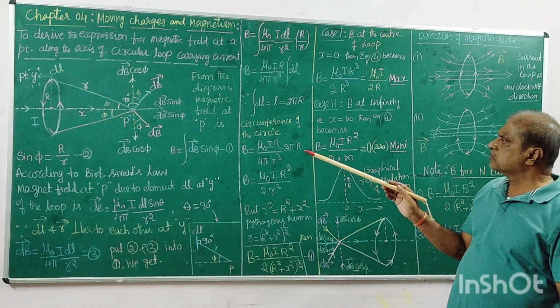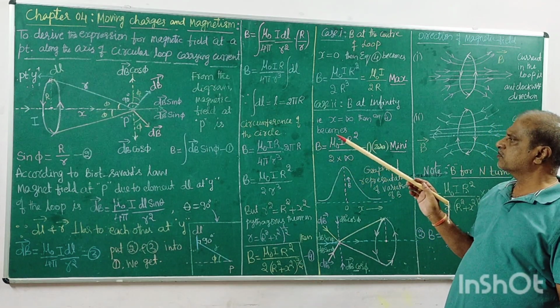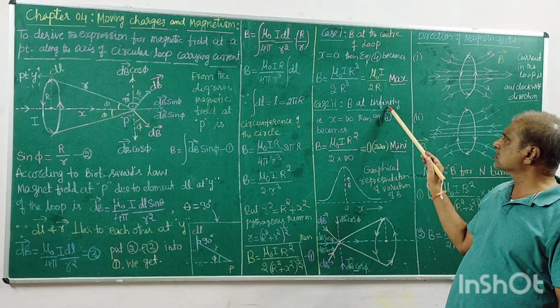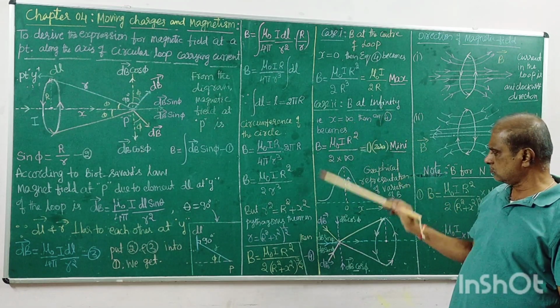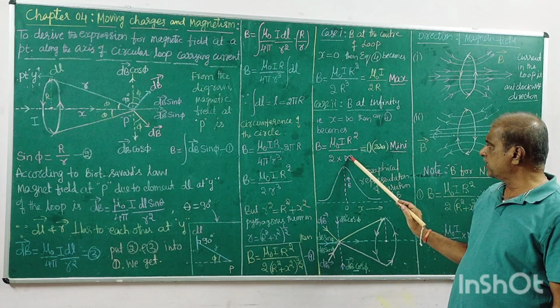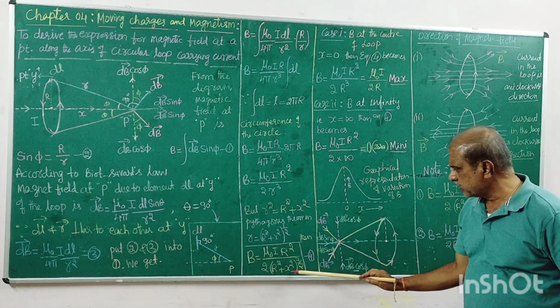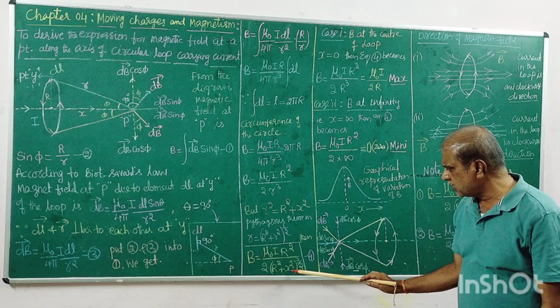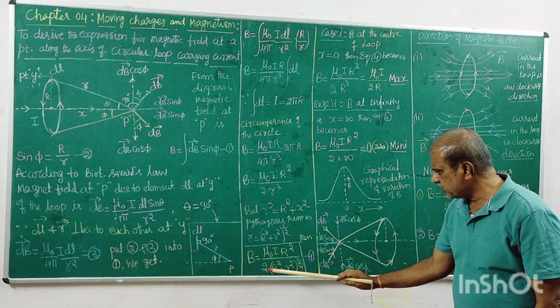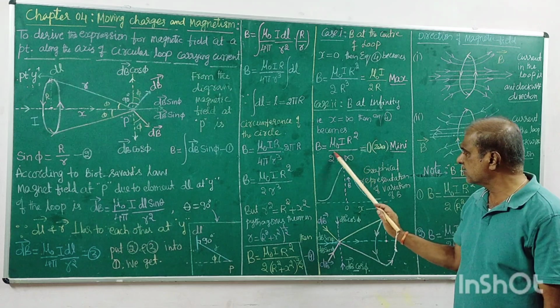If the point is moving away from the center towards infinity, infinite distance, then x equals infinity. Here look at the denominator and put x equals infinity. Infinity plus anything is infinity. Infinity into infinity, anything is infinity. The denominator is infinity.